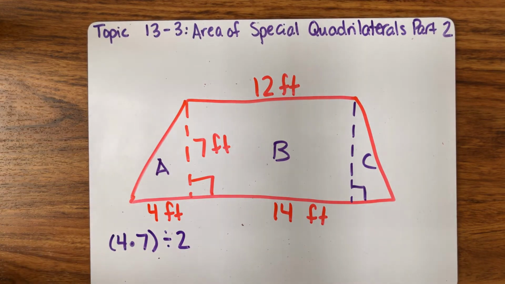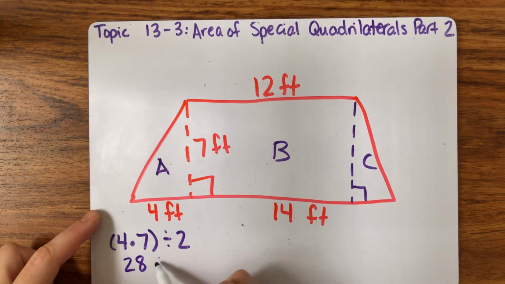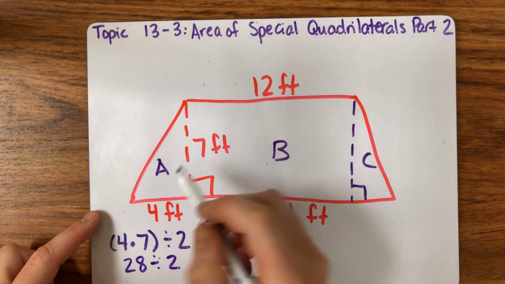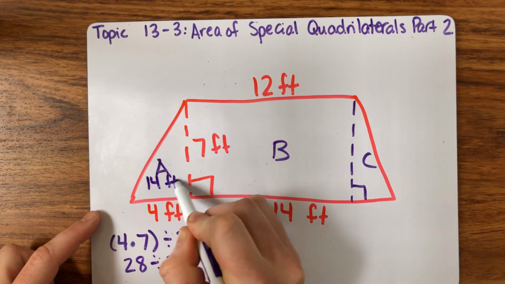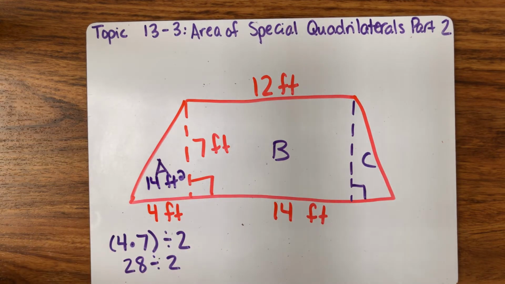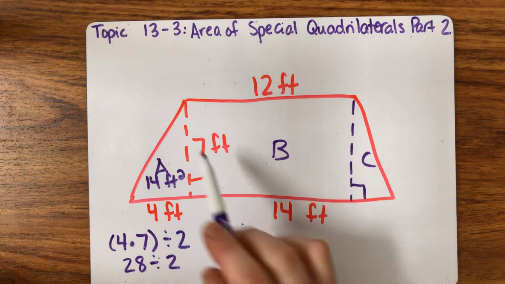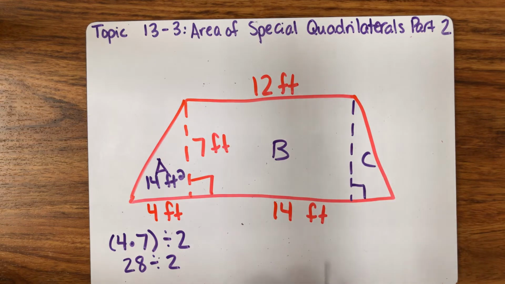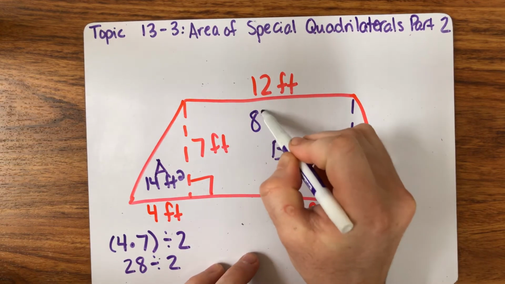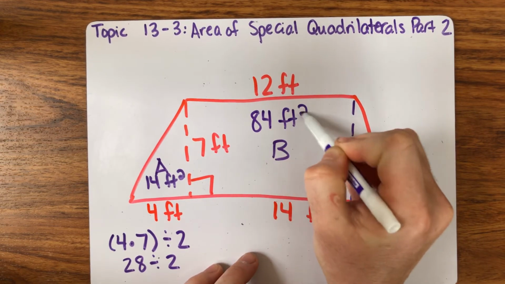So 7 times 4 is 28. 28 divided by 2, I end up getting 14 feet squared as my area for A. For rectangle B, the width is 7, the length is 12. 7 times 12 is 84 feet squared.